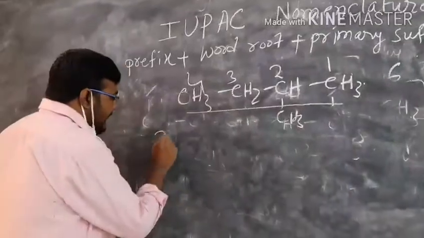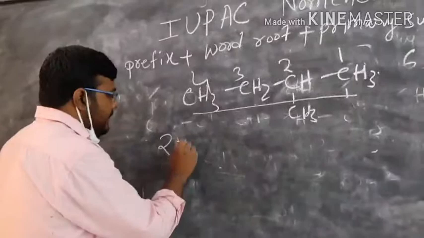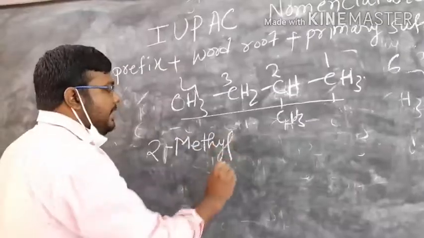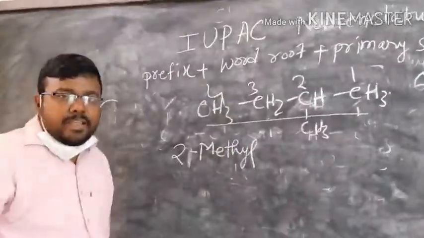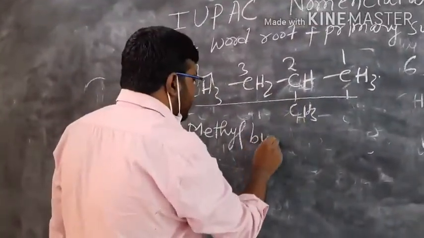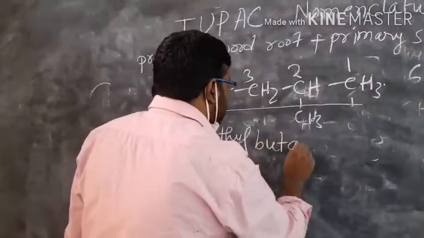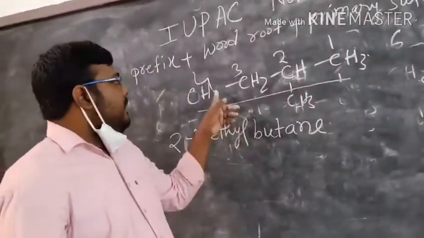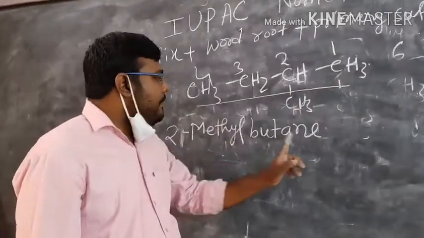While writing the name, along with its position 2, we give a hyphen. The name of the substituent is methyl, given as a prefix. After that, the word root has to be given. How many carbon atoms does the parent chain contain? 4 carbon atoms means its root will be but, and then the primary suffix ane will be used here, because 4 carbon atoms are present in the parent chain. So its name will be 2-methylbutane.